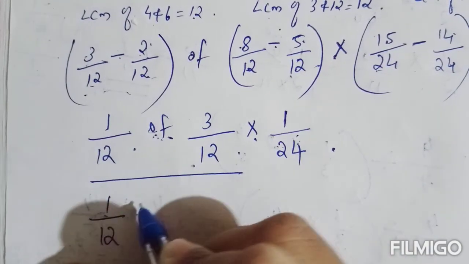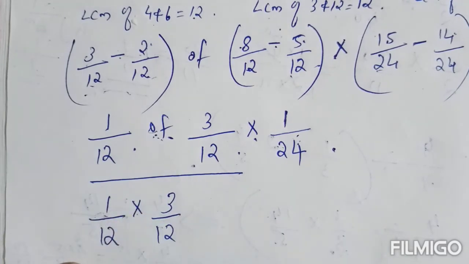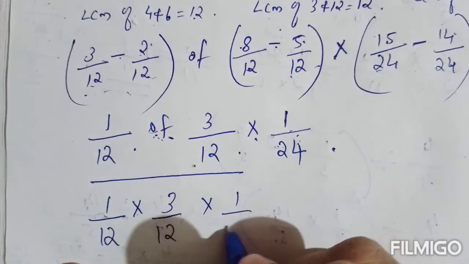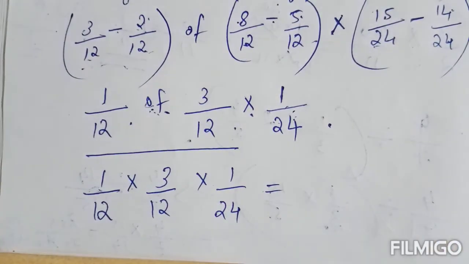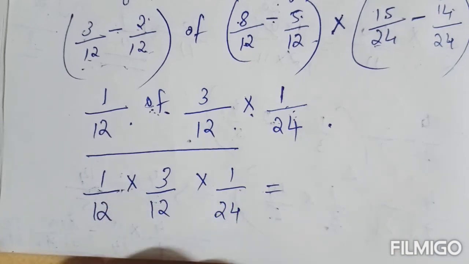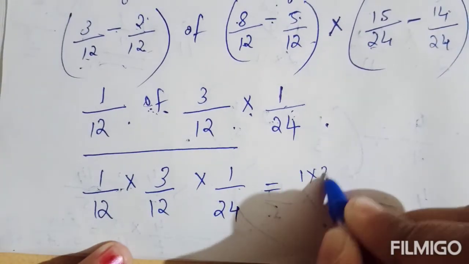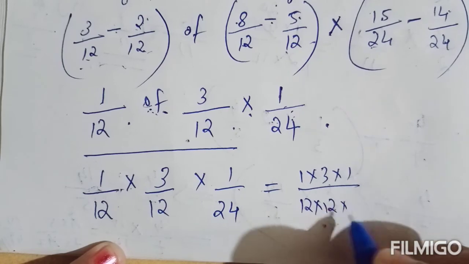1 by 12 into 3 by 12 into 1 by 24. How can you solve this? Product of numerator by product of denominator. All are multiplication, so you can do that. 1 into 3 into 1 by 12 into 12 into 24.